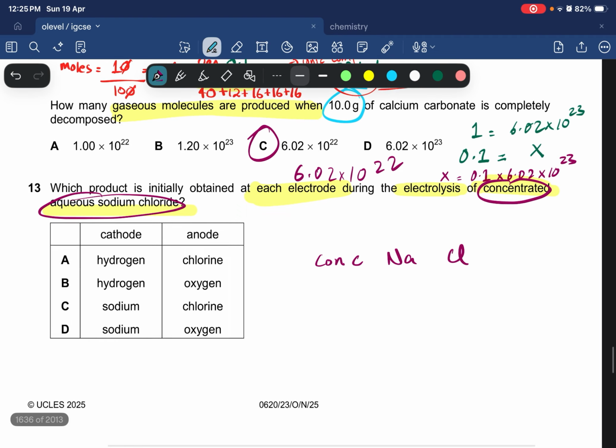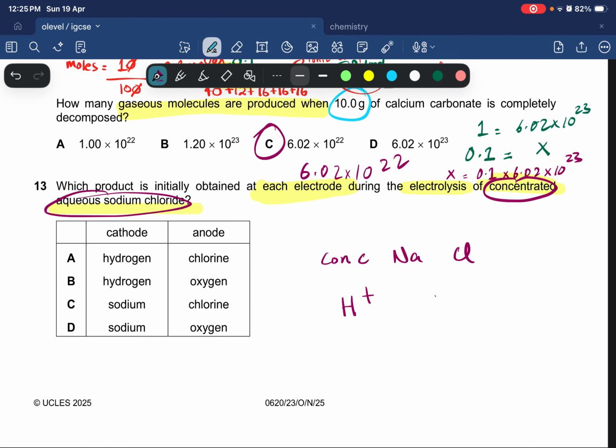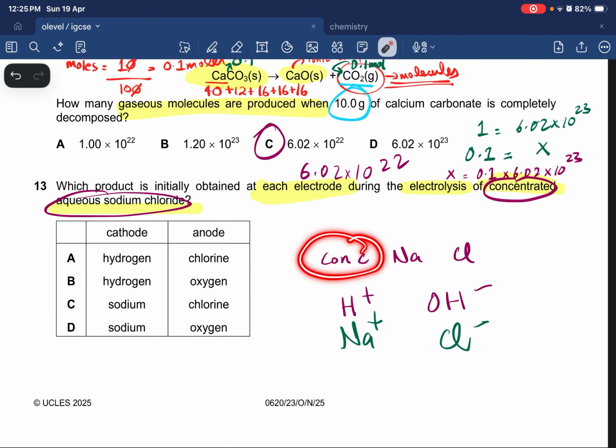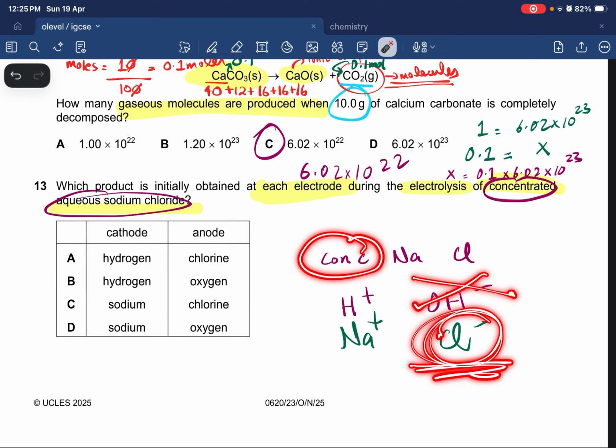That means how many ions you're going to have? You're going to have hydrogen ions and OH negative ions for water. For sodium chloride, you're going to have Na positive ions of sodium and chloride ions. When you have concentrated solution, always remember you never form the hydroxide, like the oxygen from the hydroxide. You always form the halogen. Chlorine gas is going to be formed at the anode. Okay?